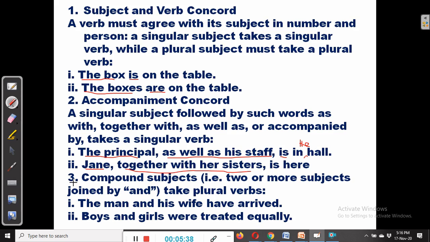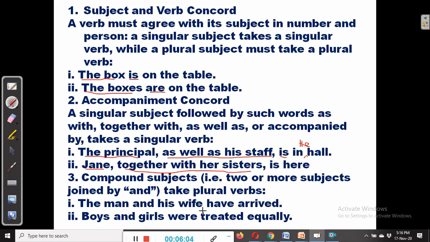Then the third one, compound subjects, that is two or more subjects joined by and, take plural verbs. Of course, this is a departure from the accompaniment, because here we have a compound subject, not a singular subject accompanied by another expression. So now let's look at the example.